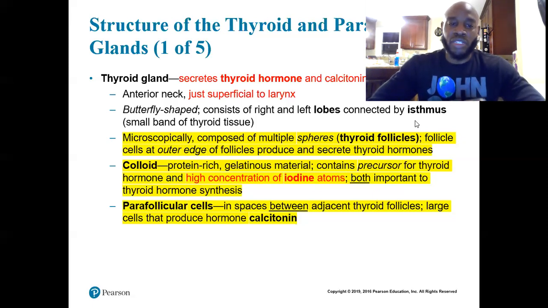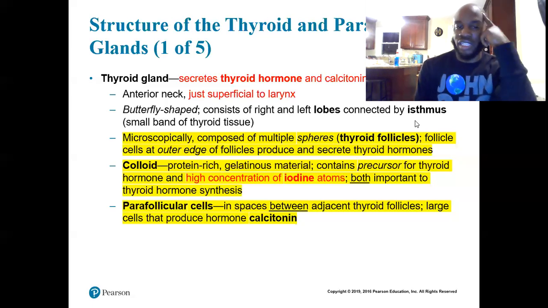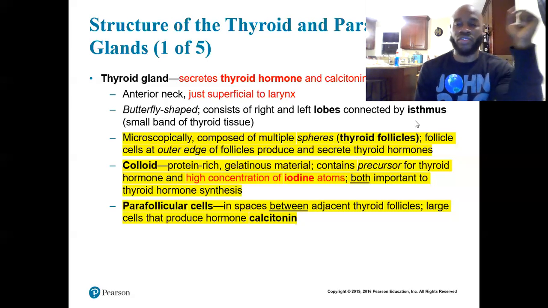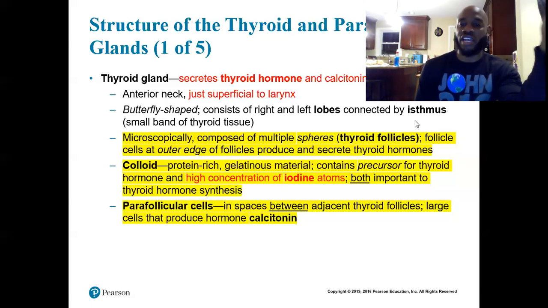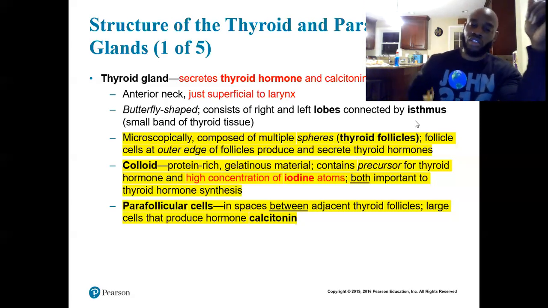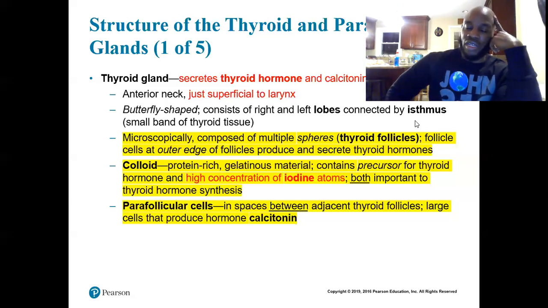Another important aspect is this colloid, this protein-rich gelatinous material, which is the precursor for the thyroid hormone. It also contains a high concentration of iodine atoms. Iodine is very important in your thyroid gland producing the thyroid hormones, T3 and T4.